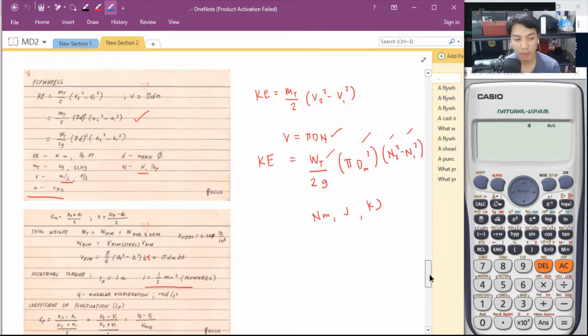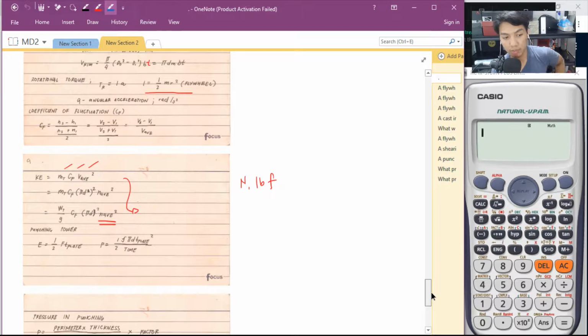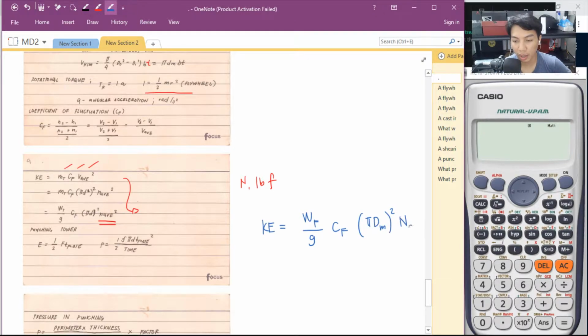Andito. Binigyan ka ng coefficient of fluctuation, binigyan ka ng weight ng rim, at binigyan ka rin ng N average. So, you have to use this one. So, the KE now will be equal to yung weight ng flywheel divided by G multiplied to the coefficient of fluctuation multiplied to, eto, pi DM times N average.